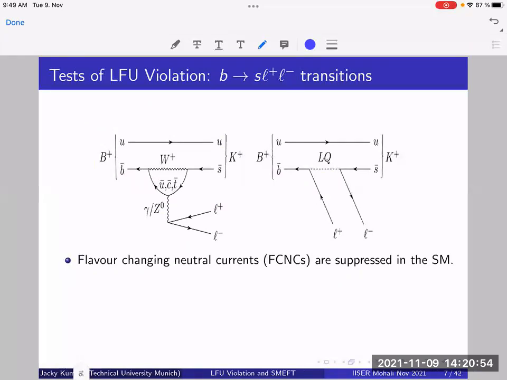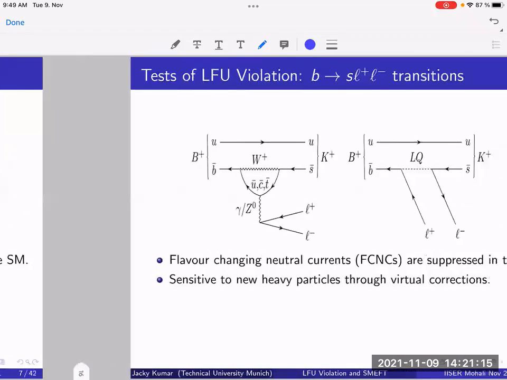Further, as you see, this is a flavor changing neutral current, B plus to K plus. These are also interesting in their own right because these transitions are very suppressed in the standard model. So it's easy to see any presence of new physics in such decays.